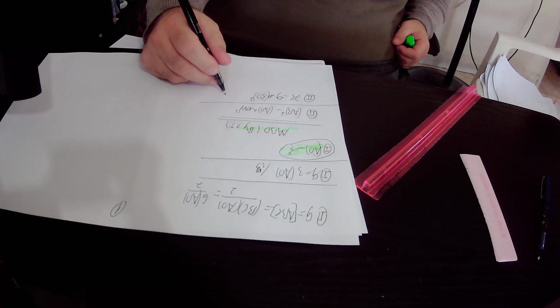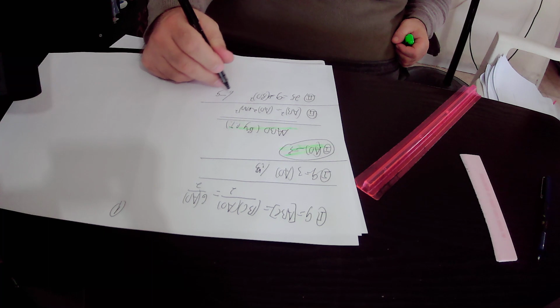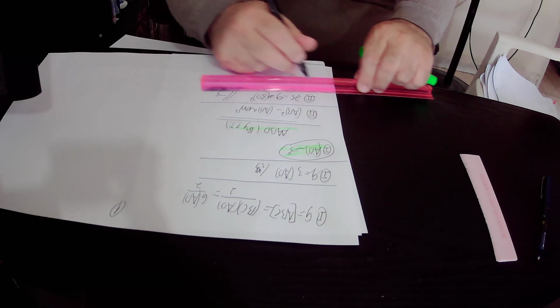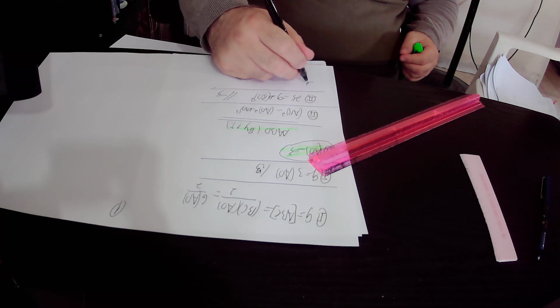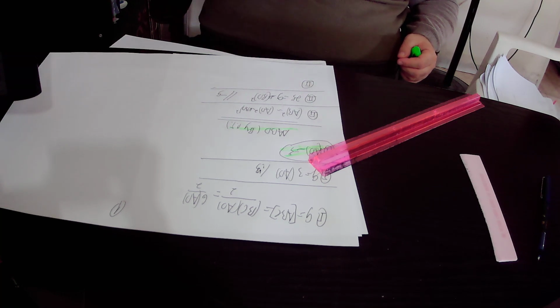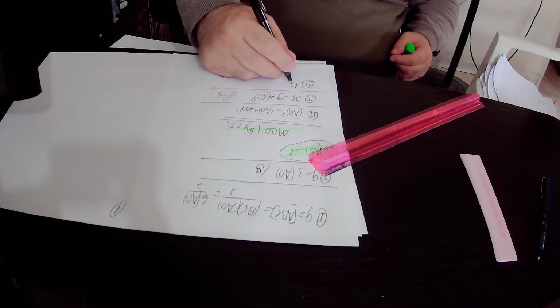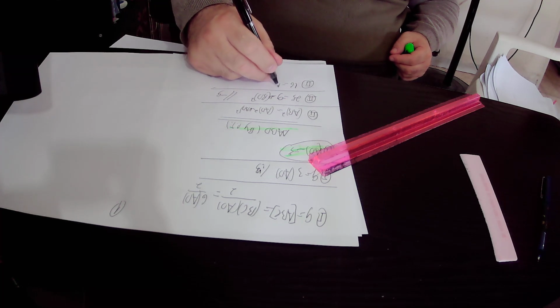So here we subtract 9 from this equation number 2, and we get that 25 minus 9 is 16, so 16 equals BD squared.